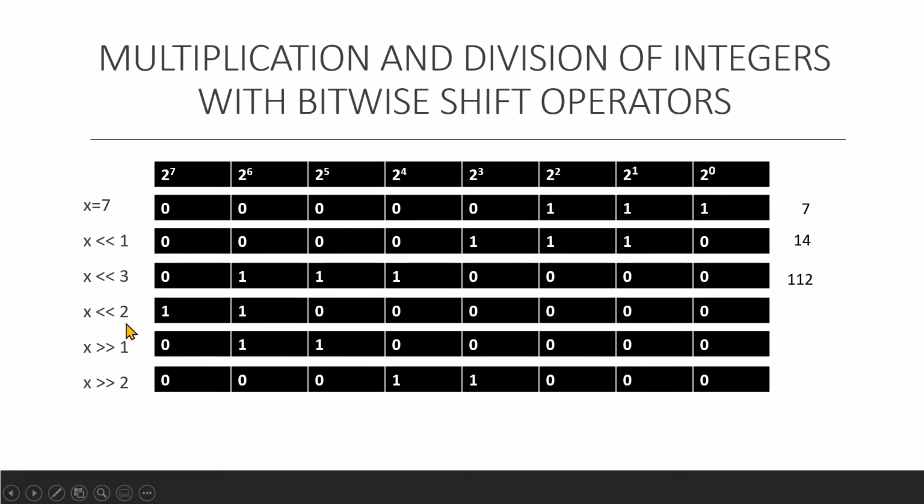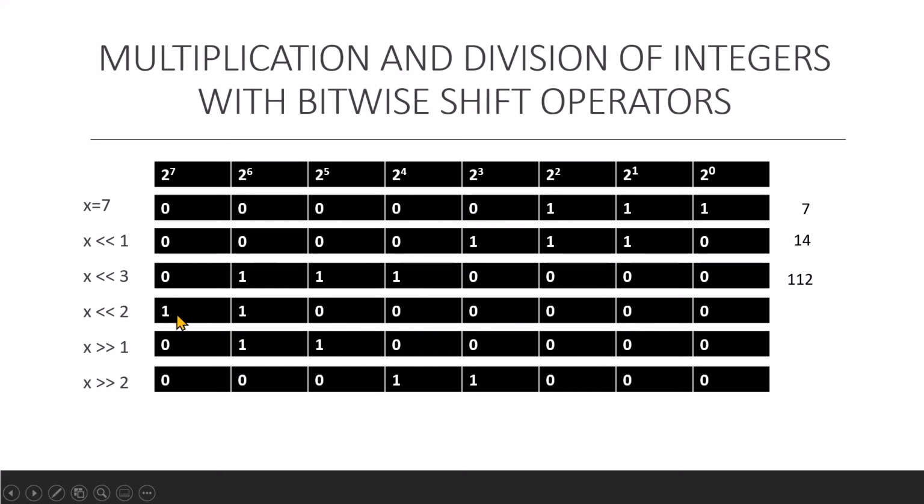Now let's look at the next one. X is shifting to the left by 2. So in the first shift, 1 will move here, and then of course the others will move left as well. But in the second shift, the 1 being here now will move out, which means we will lose some value. The value we will lose will be worth 2 raised to 8, 256. So keep that in mind. This one moves here, this moves here, and then of course all zeros.